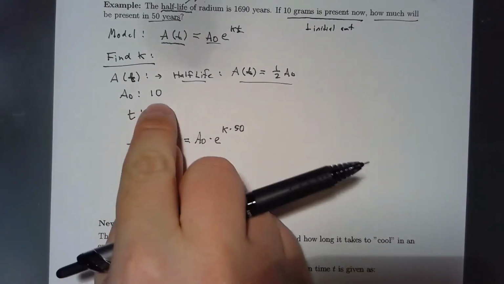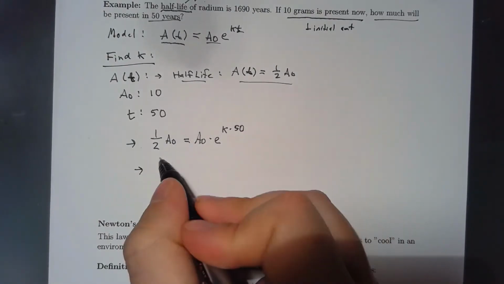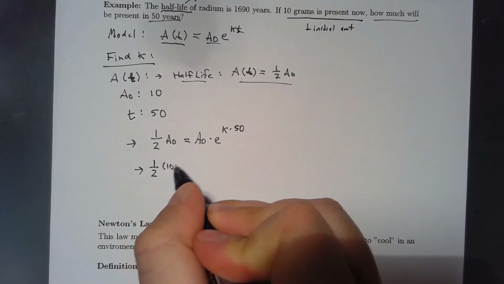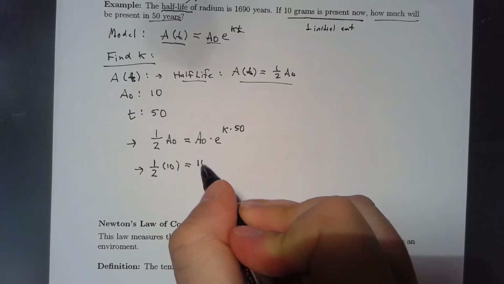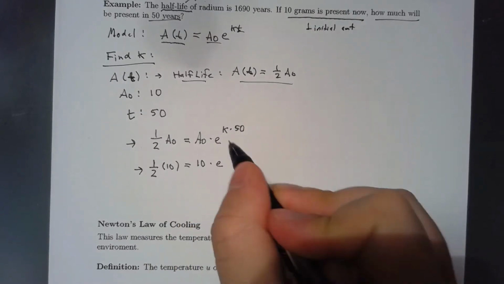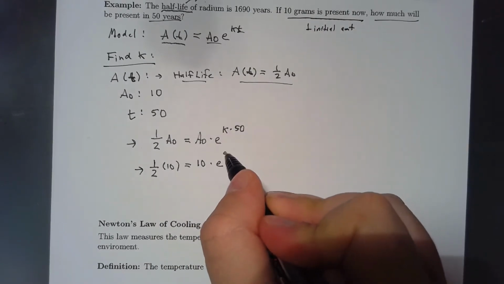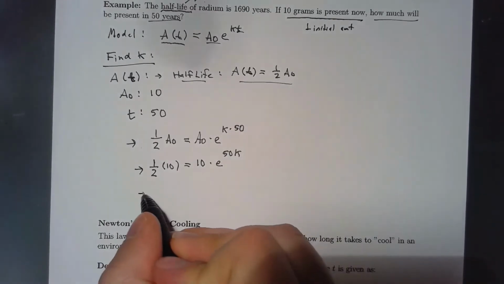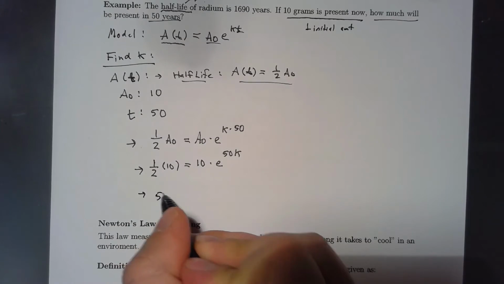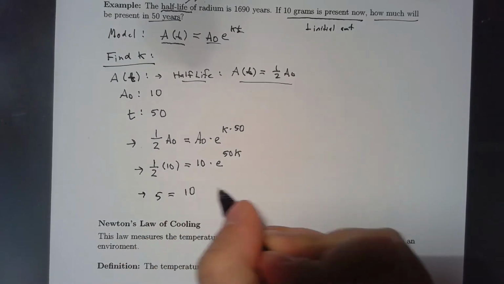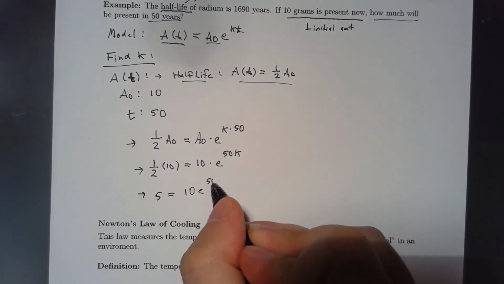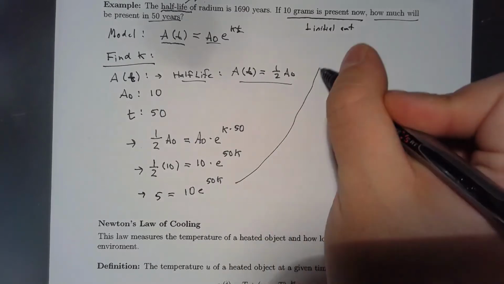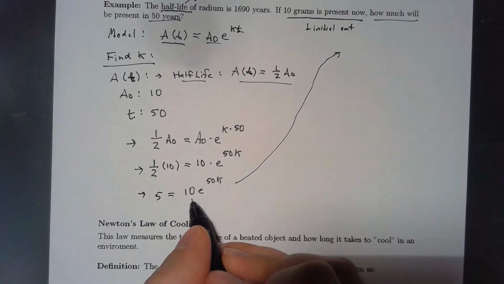But the initial amount was 10. So I'm going to have 1/2 times 10 equals 10 times e to the 50k power. So now from here I could solve for k. So 1/2 of 10 is 5 equals 10 times e to the 50k power. We come up here, divide both sides by 10.